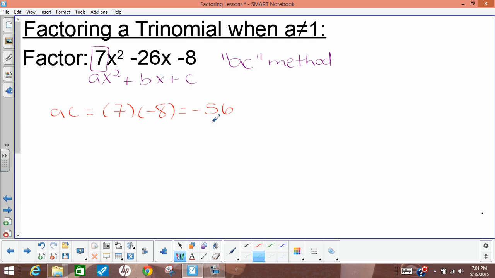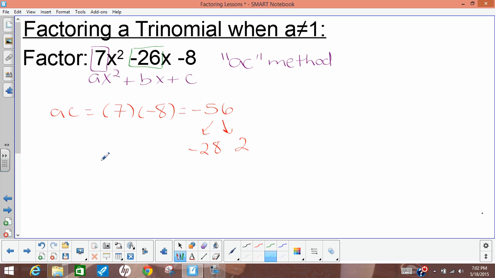So the two factors that we're going to use are negative 28 and positive 2. So 2 times negative 28 gives us negative 56, and when we add them together, it gives us negative 26.